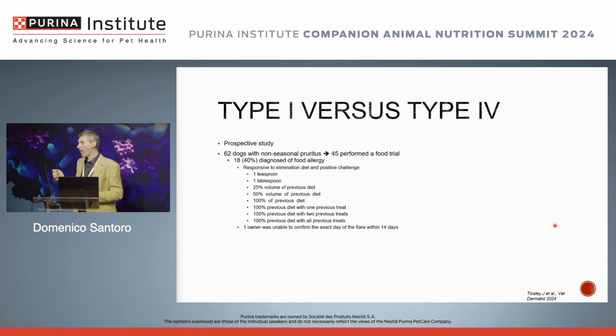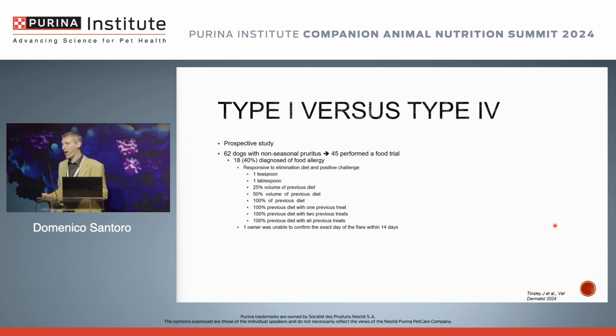Remember I told you the amount of allergen, the allergen load, is also important to trigger a reaction. It's not just when that happens, it's how much we give them, and this is very well known in children as well. So every day they were going up from 1 teaspoon up to 100% of the previous diet, observing if there was any relapse.